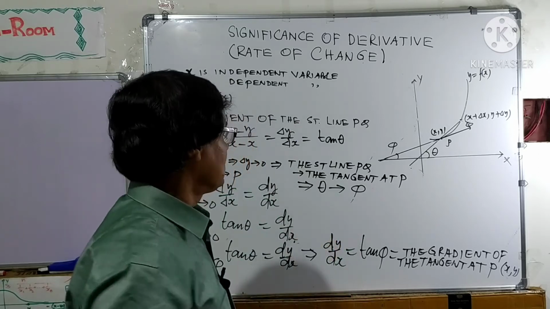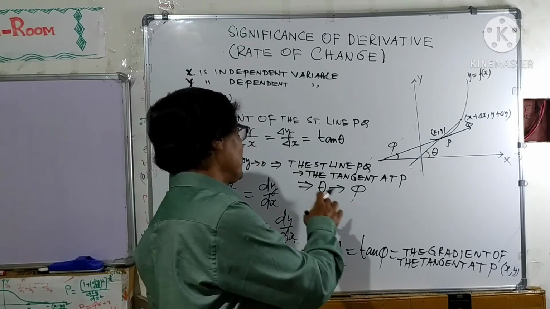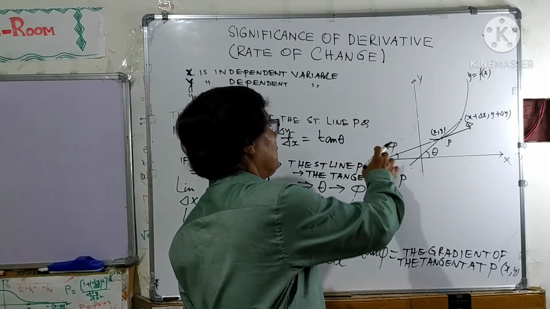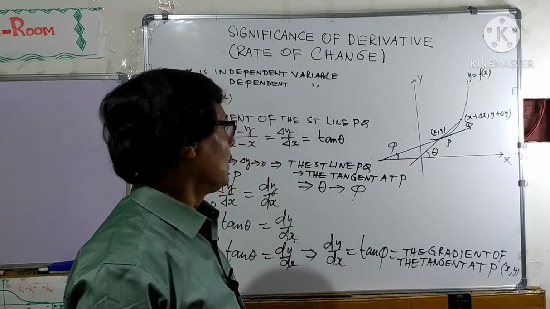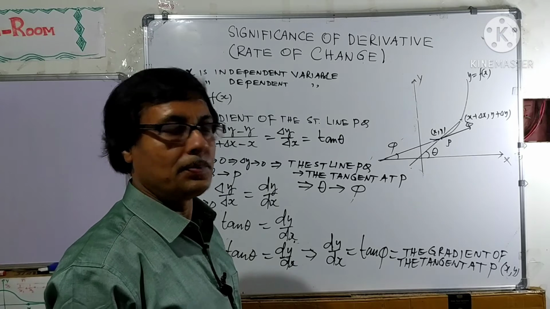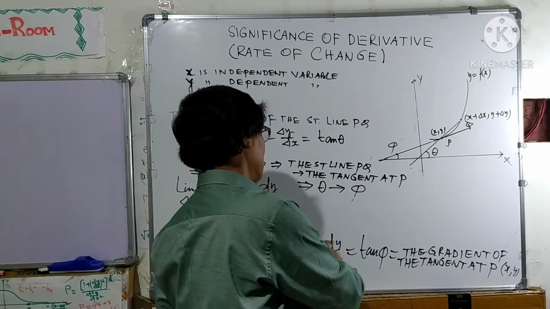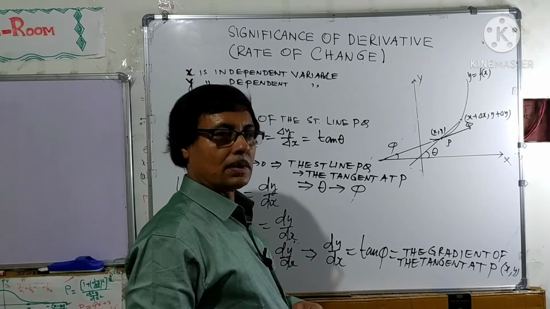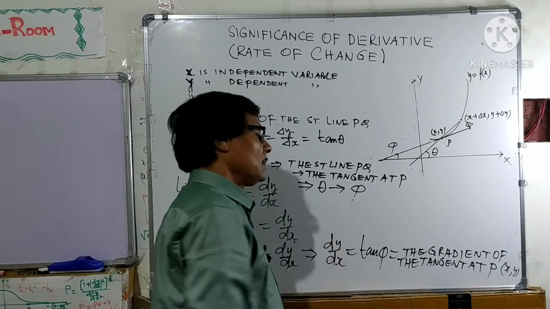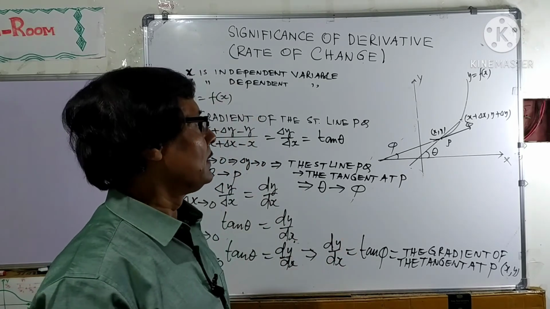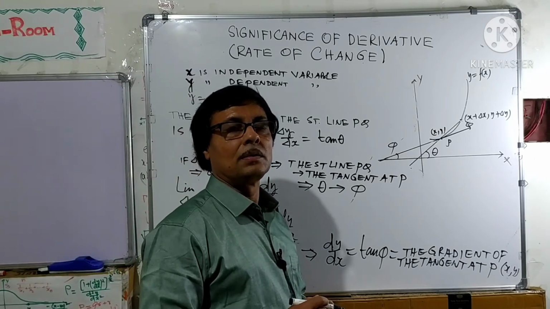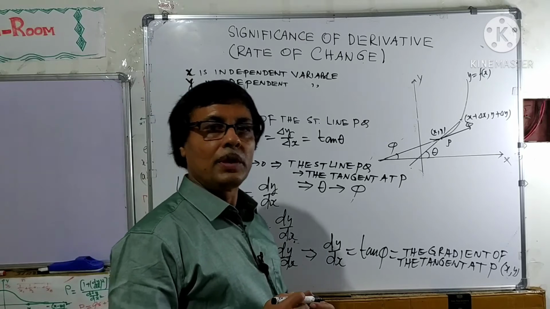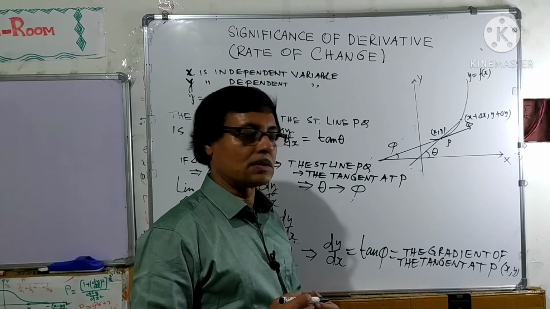So dy dx has its geometrical meaning: the gradient of the tangent at P is the derivative dy dx. That is, the differential coefficient is actually the gradient of the tangent to the curve at the point P, whose coordinates are (x, y).